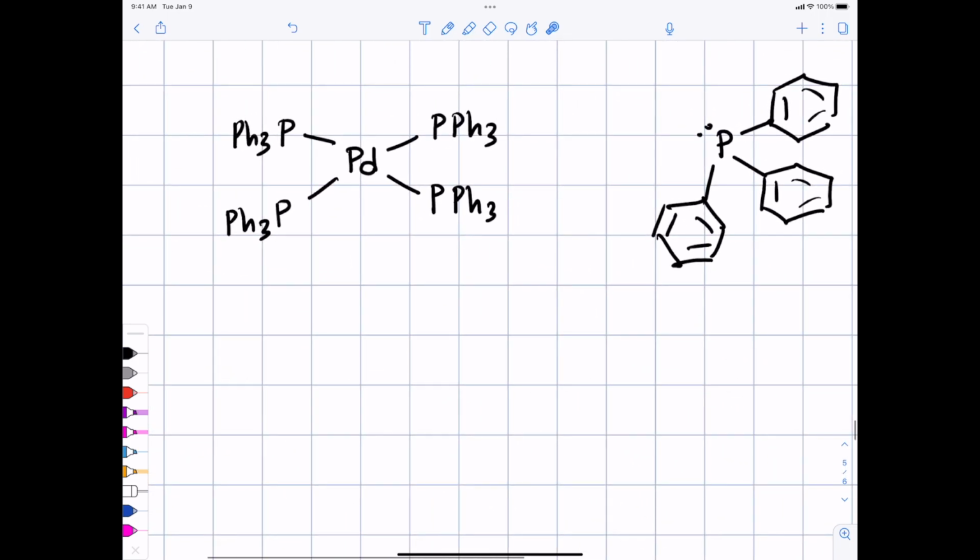If we tried to assign formal charge here, this complex overall is neutral. We might end up with something that would say, hey, there are 4 negative charges on the palladium, and we'd have this idea that that palladium was really, really reactive and a super strong base, but it's not.